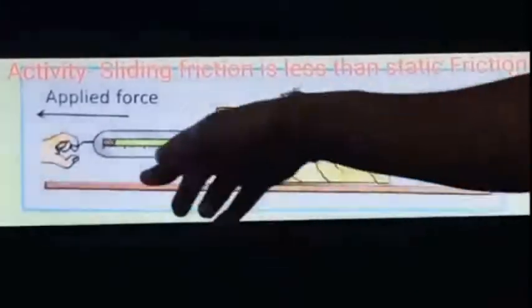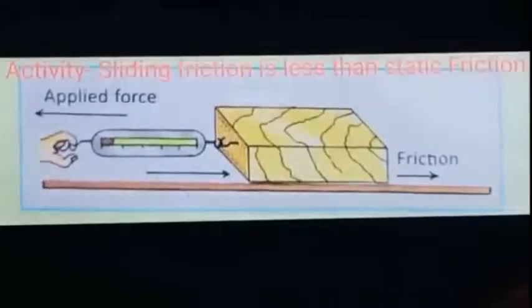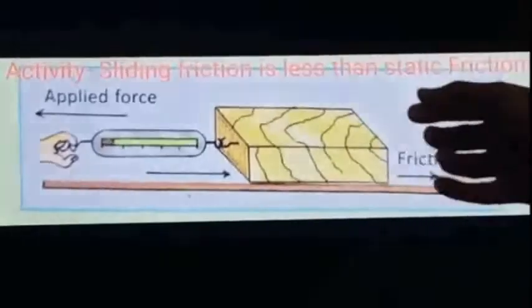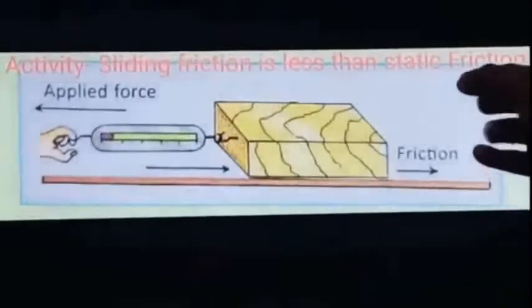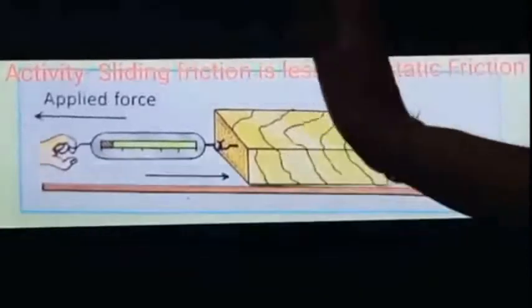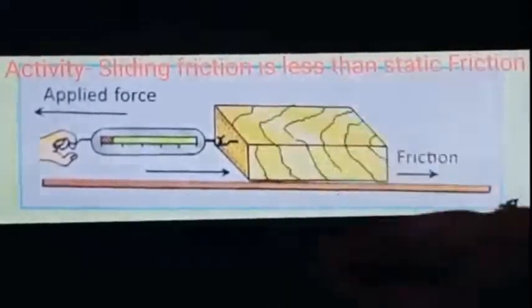Now we pull the wooden block with the help of the spring balance. We note the reading of the spring balance when the block just starts to move, and after some time when the block is sliding over the surface. We note the difference in reading.